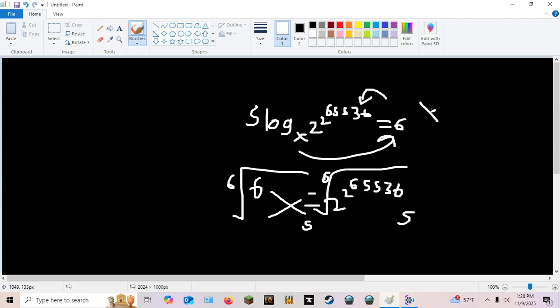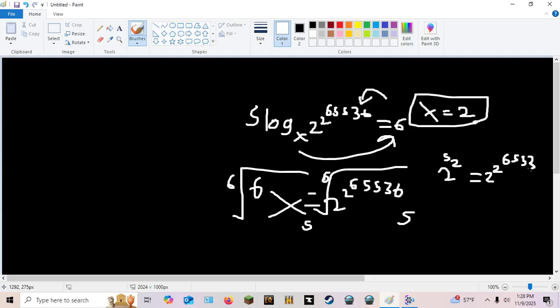So x is equal to 2, because 2 tetrated to 6 is 2 raised to 2 raised to 65,536, because 6 minus 1 is 5. I just have to exponentiate another 2. I know that 2 tetrated to 5 is 2 raised to 65,536. That's how you can check your work.